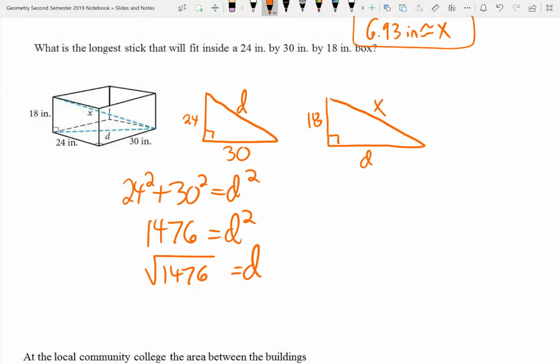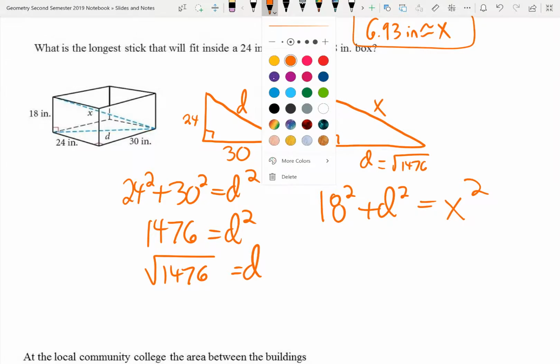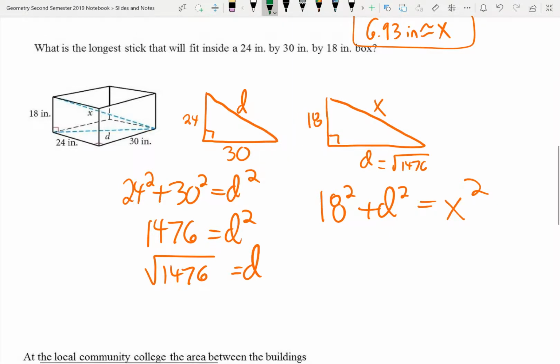Okay. So now that we have D, we can use that to solve for X. So we have 18 squared plus D squared equals X squared. Well, we know that D is root 1476, so we also know that D squared equals 1476.